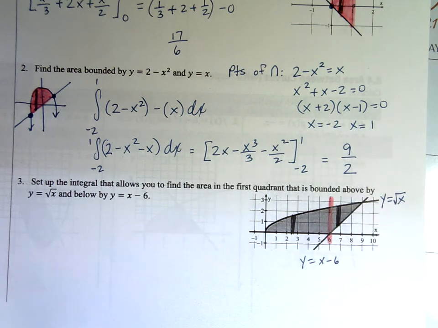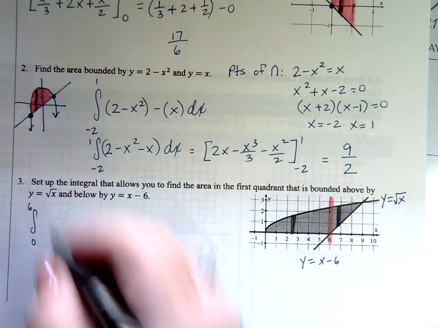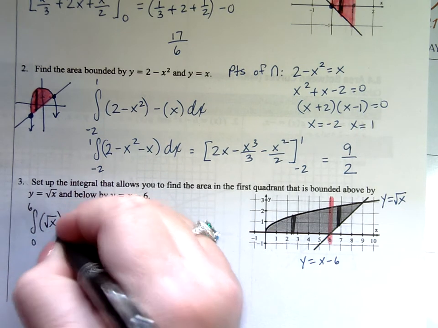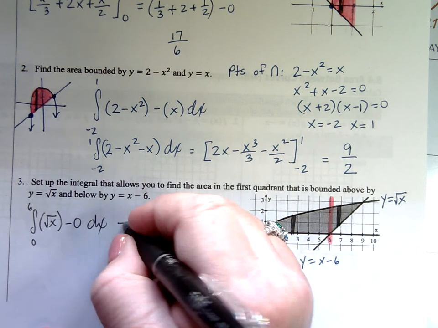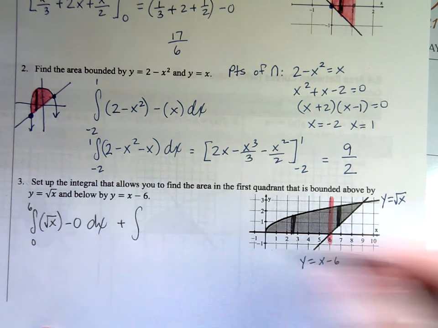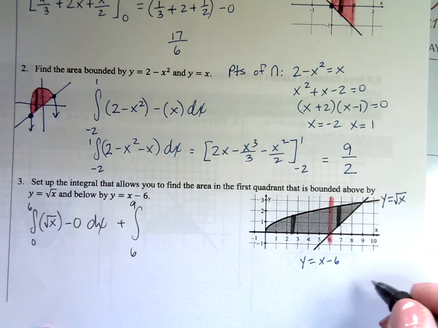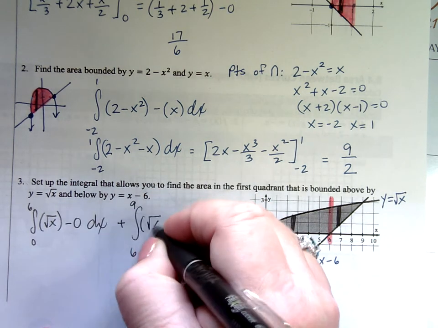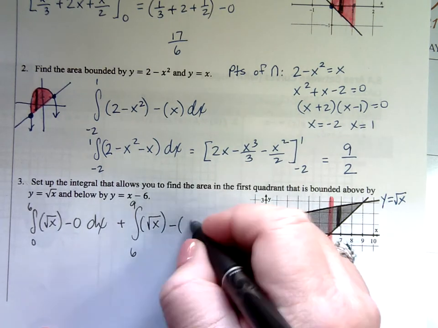So I need to set up two integrals to figure this out. The first integral is going from 0 to 6. That one has the square root of x on top and 0 on the bottom. And the second integral goes from 6 to 9. And that one has the square root of x on top, but it has the line on the bottom, and the line is x minus 6.